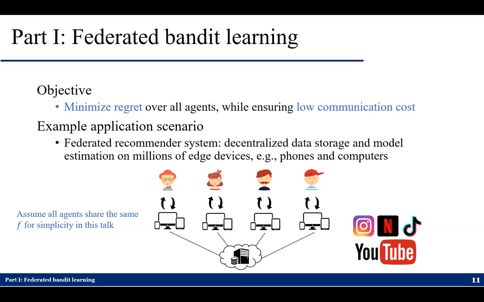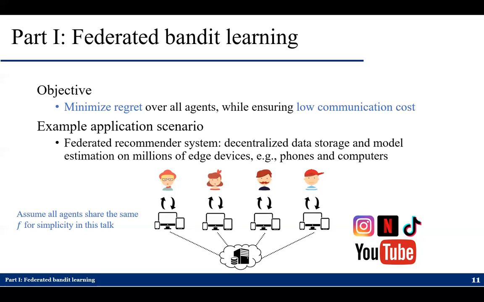There is a central server, and then there are some edge devices, which are basically our phones or computers. In the recommendation system scenario, each of these mobile devices will run some recommendation app. Every time step, they will make some recommendation to us, and then we will respond by something like a click or didn't click, or we watch the video or didn't watch the video.